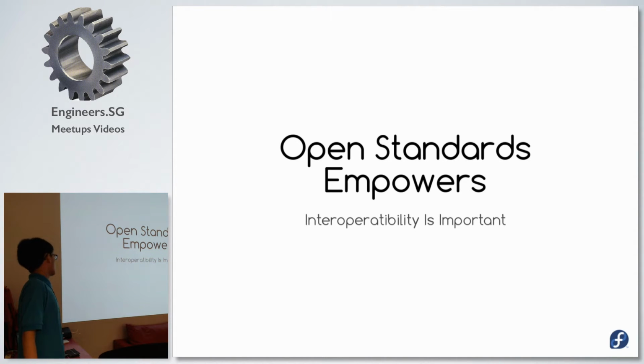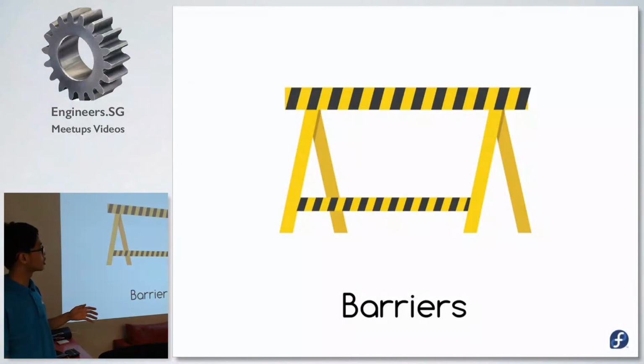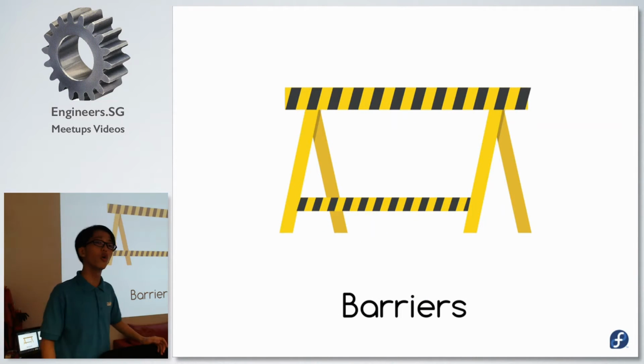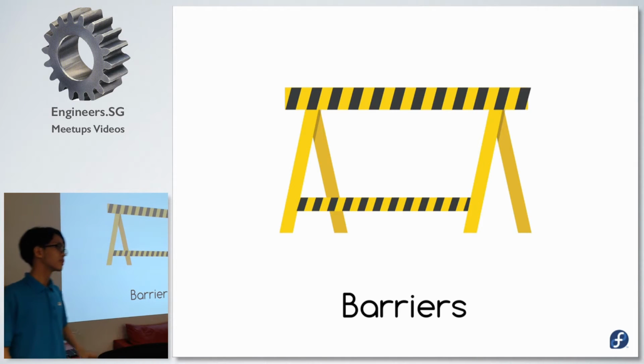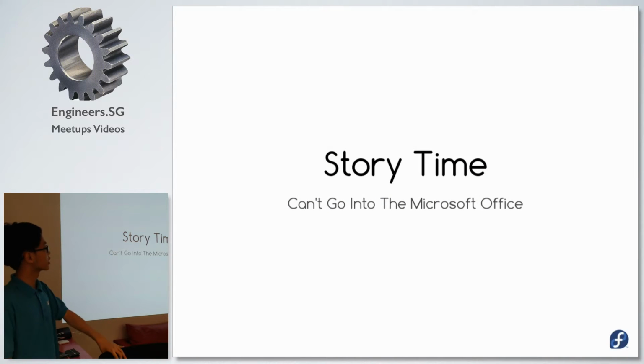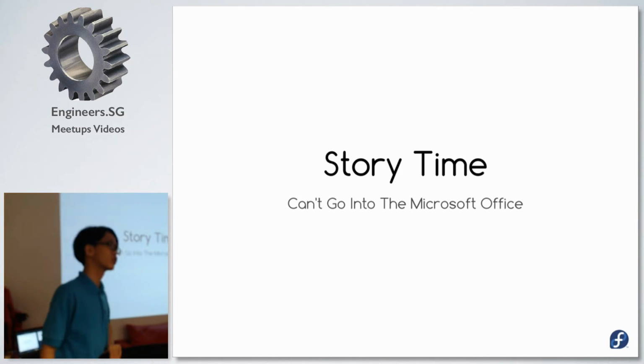So moving on, we are going to talk a bit about the barriers to open standards. There are a lot of barriers to open standards, just like there are for open source. And I'm going to talk about one story that Harish told me. It's called Can't Go Into the Microsoft Office. It's a pretty interesting story.